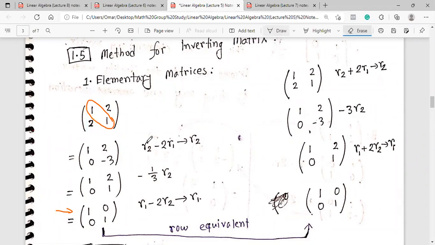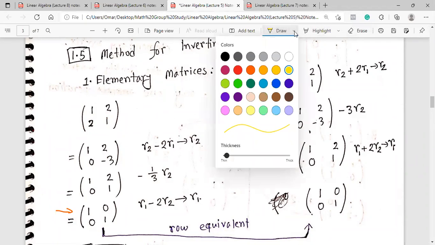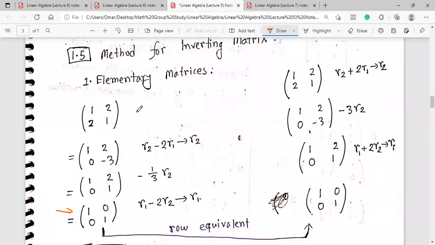So let's see how can we do this. To make this number and also this number 0, we can do this operation.